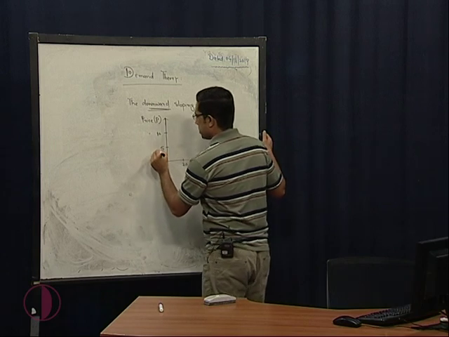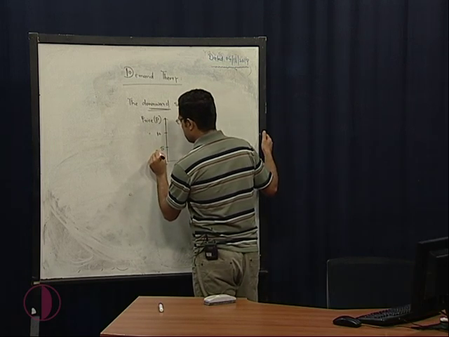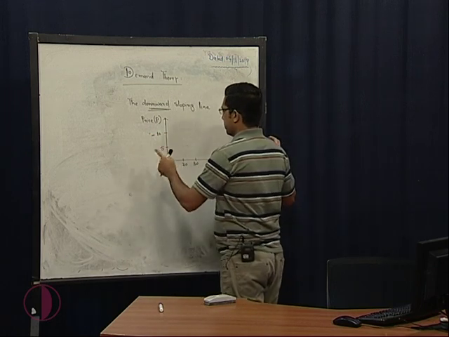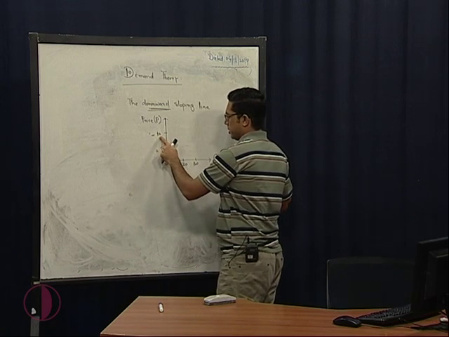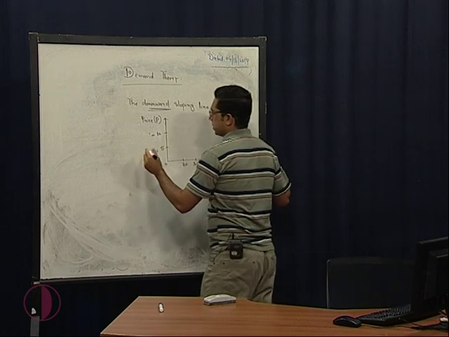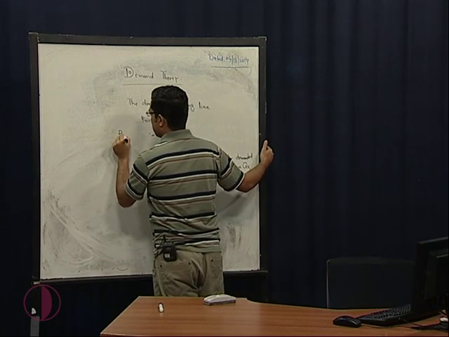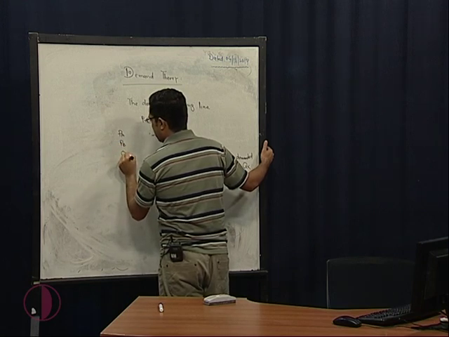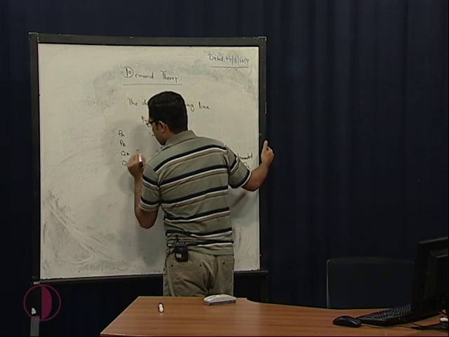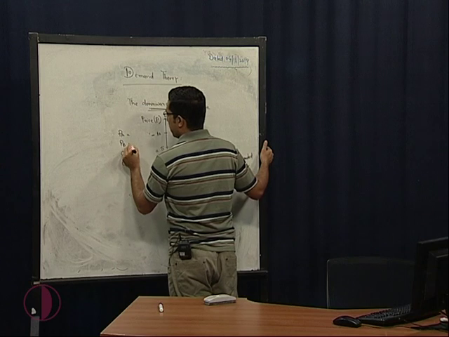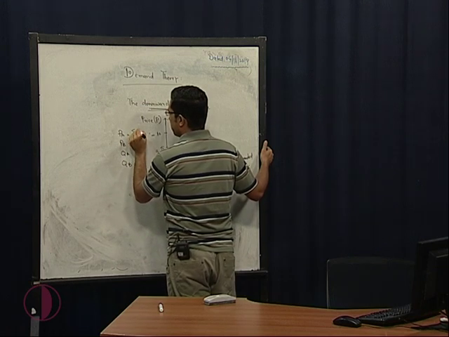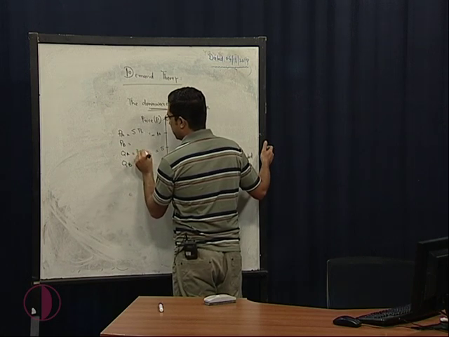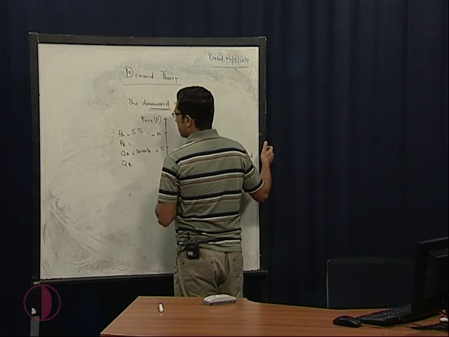Let me write it as price of A, price of B, quantity of A, quantity of B. If the price is 5 Turkish lira, the demand is 30 units.